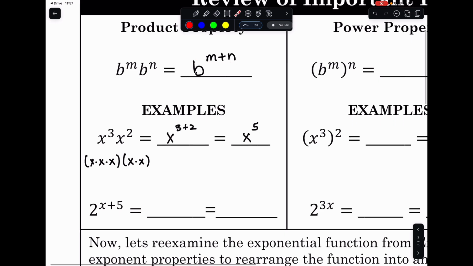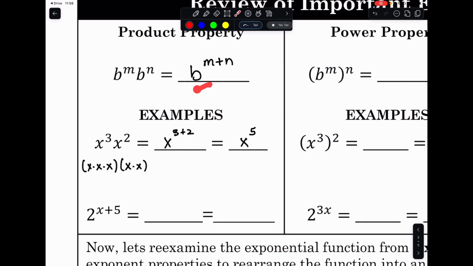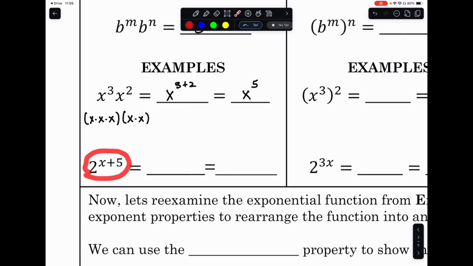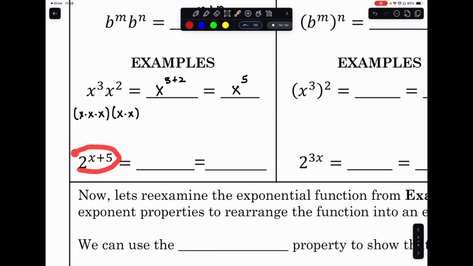Now, the key thing in understanding this is that this rule is biconditional. Having this, or having x to the fifth, which is this, can also go backwards. So using this property from right to left, we can break up an exponential situation. Using this property, we can break up this situation where we have 2 to the x plus 5 power as 2 to the x times 2 to the fifth power.